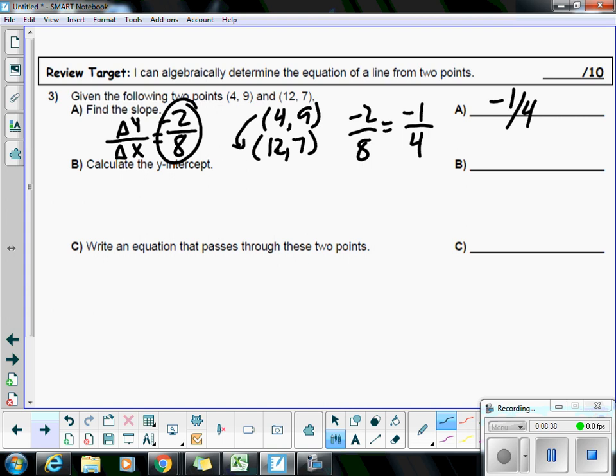Now we're going to find the y-intercept. This is the same process as before. I'm going to use 1 point, and I'm going to use my slope, and I'm going to solve for the b value.